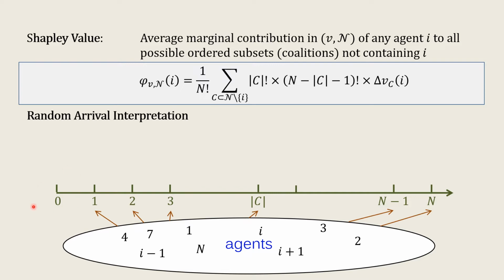Now look at this figure here. This is the set of all agents. I'll refer to it as the agent pool. And this is a time axis. It begins with time instance 0, then 1, 2, 3, until n, where n is the total number of agents.